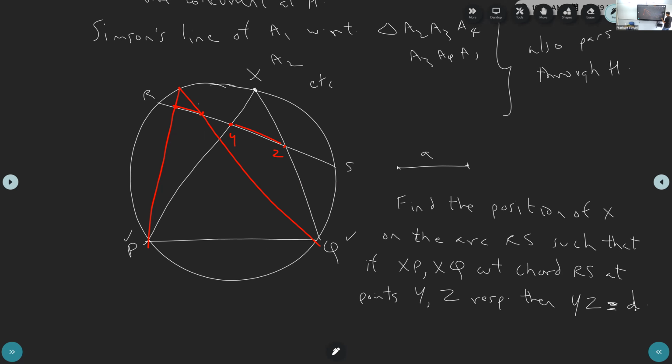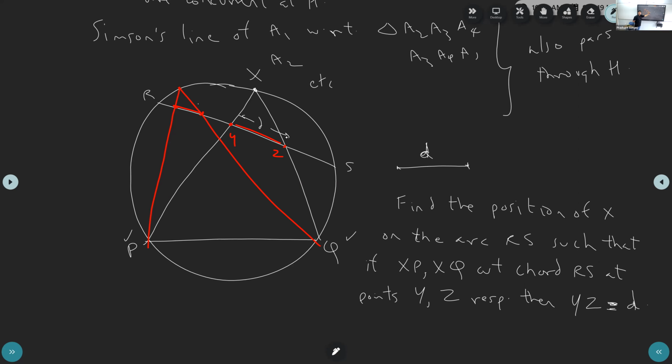Well, let me say D. So D is whatever distance is given to you, and you want to find the position of X such that this YZ is of that length D. So when this point X approaches one of the endpoints, like when it comes very close to R or when it comes very close to S, what will happen?